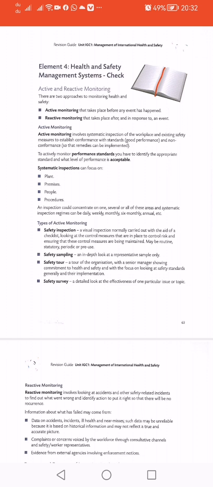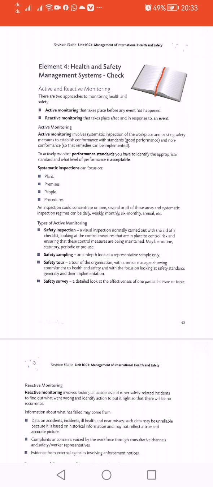Then reactive monitoring takes place after, and in response to, an event, right? So this simply means that an event has occurred. Let's say it's a health issue, or a fire, or an accident.